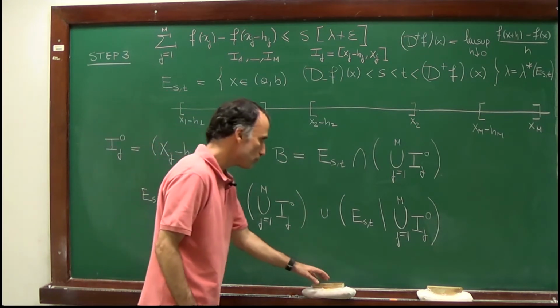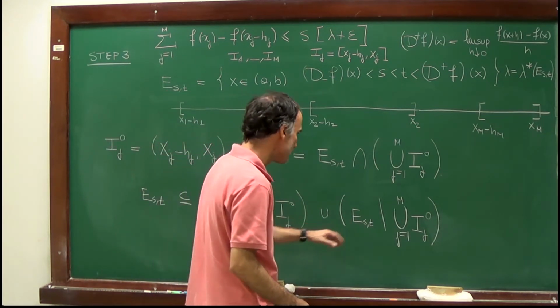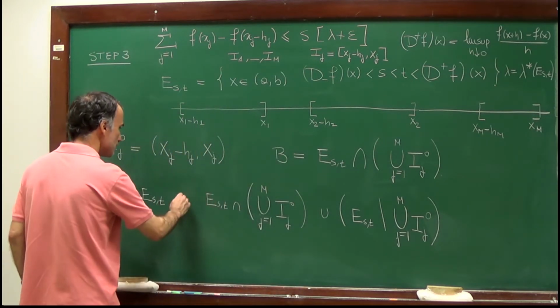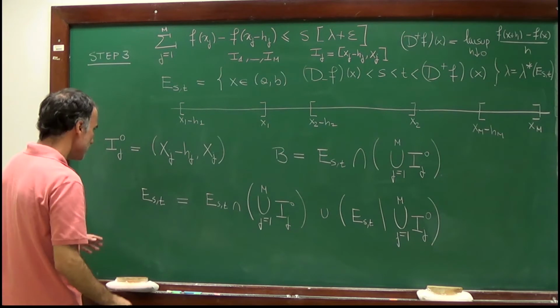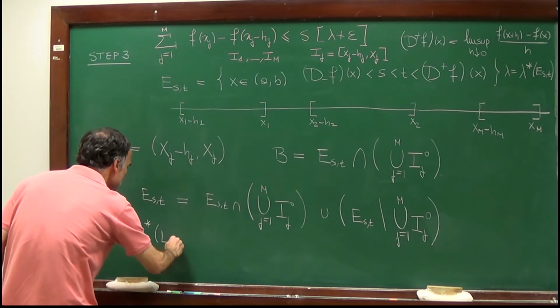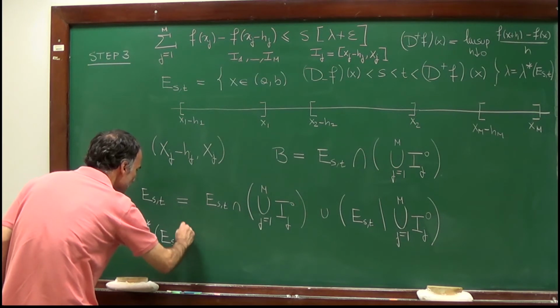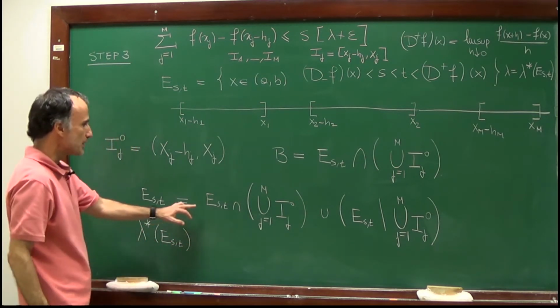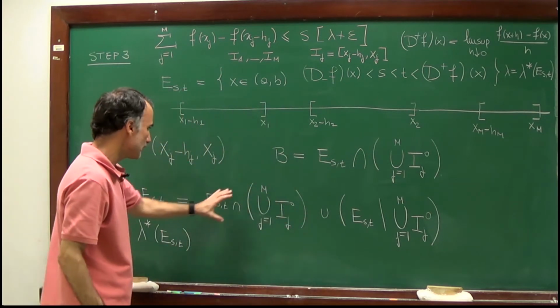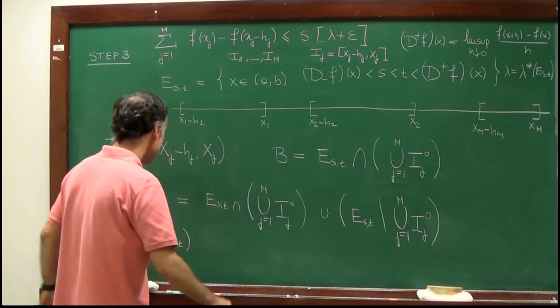So what I want to say is the following. This is an identity. Therefore, the outer measure of this set is less or equal than the outer measure of this set plus the outer measure of that set. This is my set B.